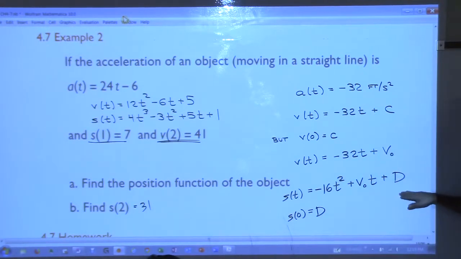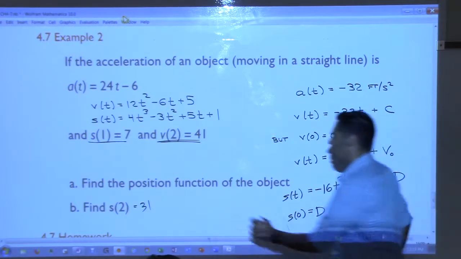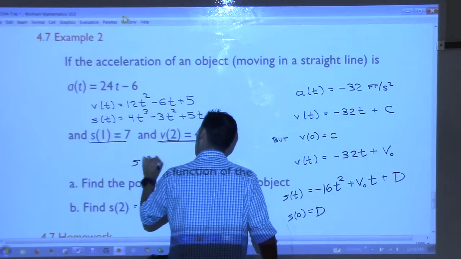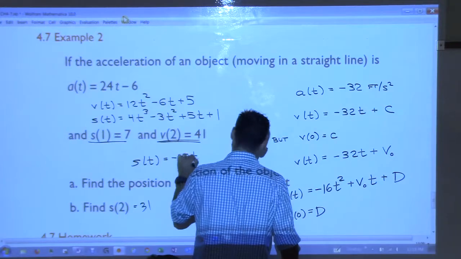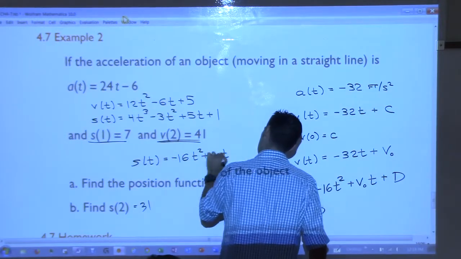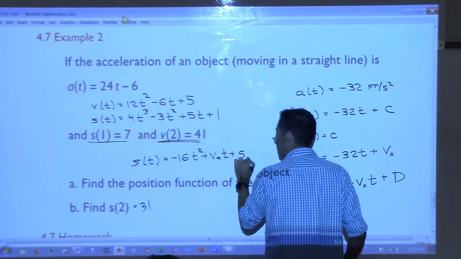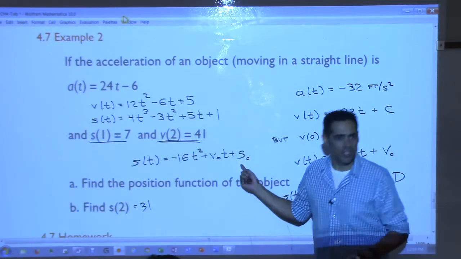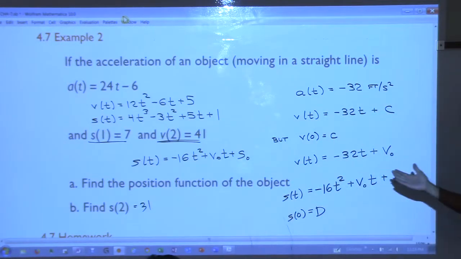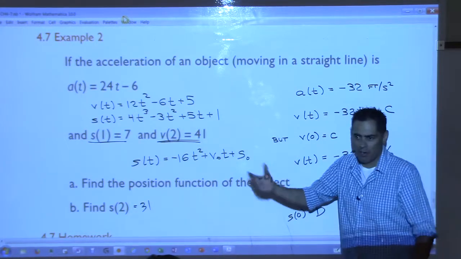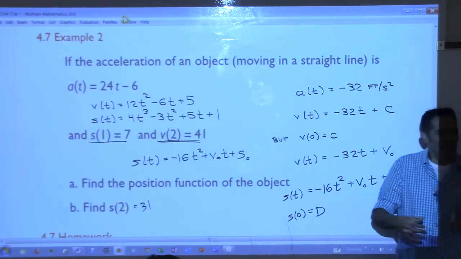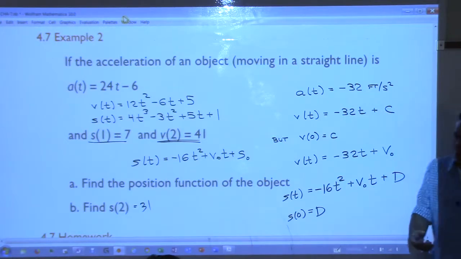So let's not call it d. Let's call it something else. Let's call it s of t equals negative 16t squared plus v naught t plus, let's call it, I don't know, s naught, our starting position. And do you recognize this formula? Right? This is your falling bodies on Earth, falling objects on Earth. Okay?